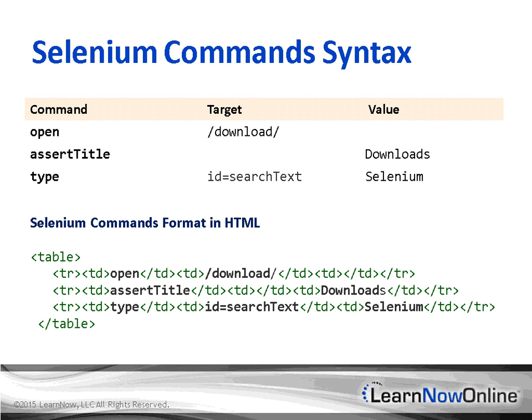The third row has our type command, and it has both parameters. ID search text will find the page element that's the target of what we want to type. And then the third column has Selenium, which is the value we want to type into that text box.